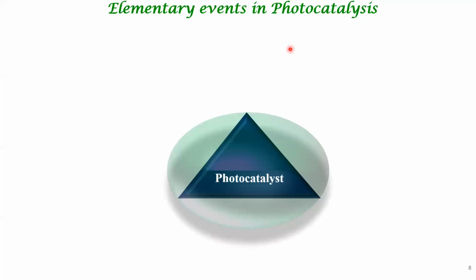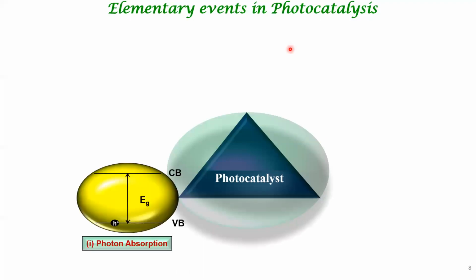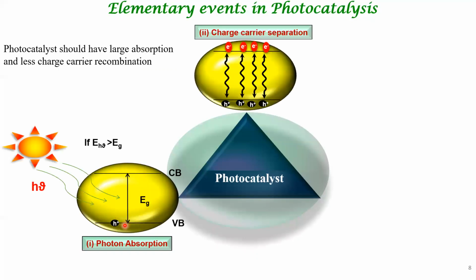Let's go to another electrochemical system, which is photocatalysis. The same things are applicable for photoelectrochemical catalysis. So there are three fundamental physicochemical events. First, there is photon absorption, which depends upon the band gap of the material.